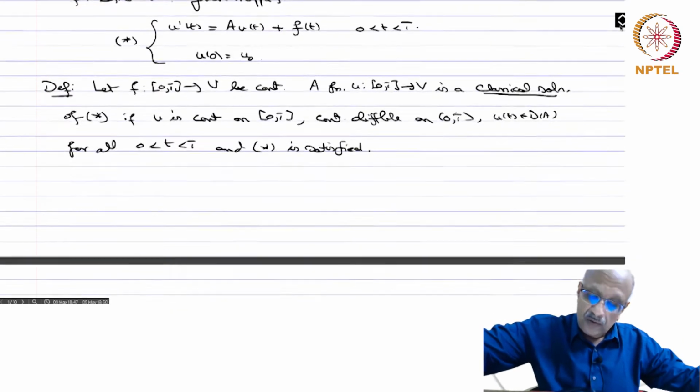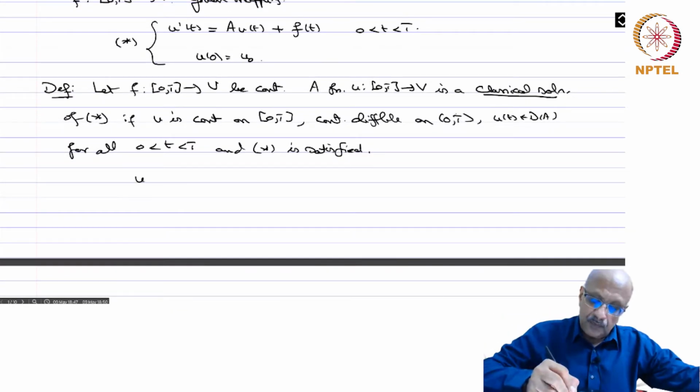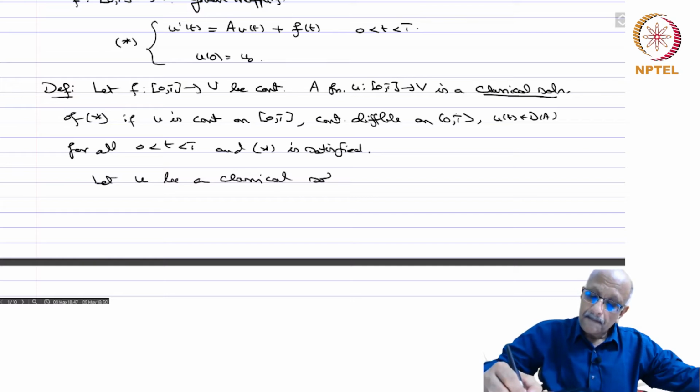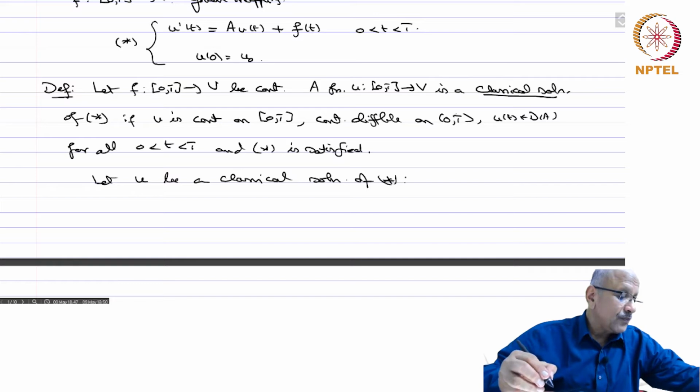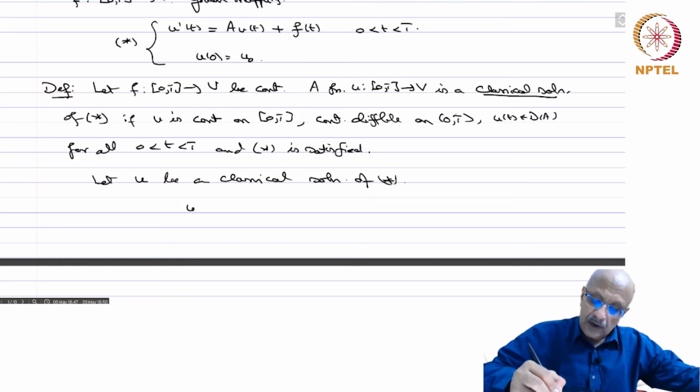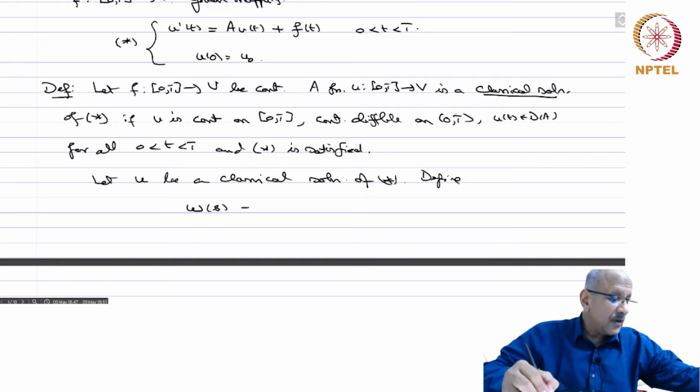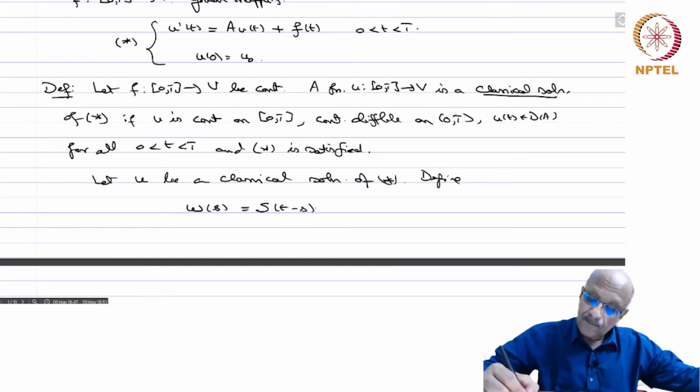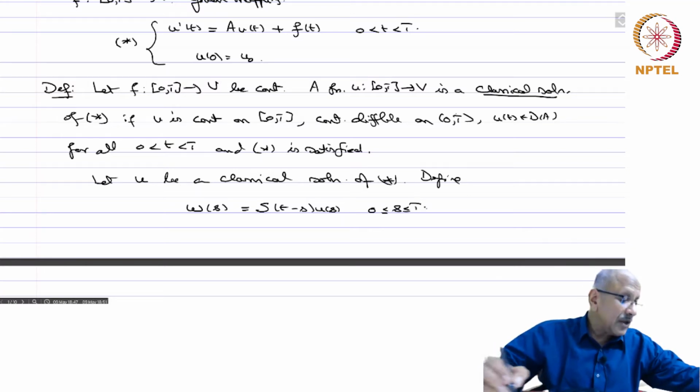Okay. So now let us assume that u is a classical solution of (star). So we will get a representation for u. Now define W(s) = S(t-s) u(s), for 0 ≤ s ≤ t.